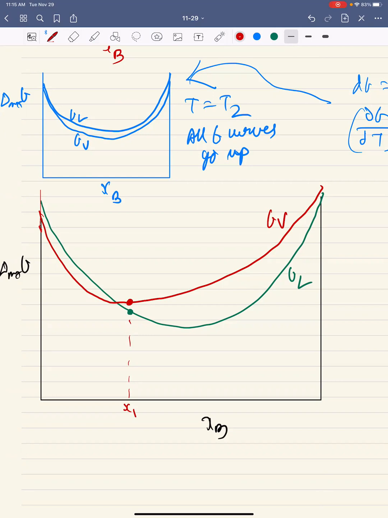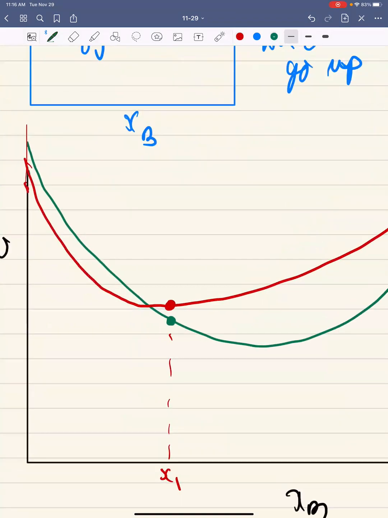Something very interesting happens here. The system learns that, and let's see if I can draw it carefully, I'm going to draw a straight line which touches both of these curves at exactly one point.